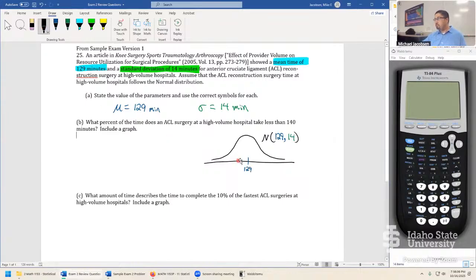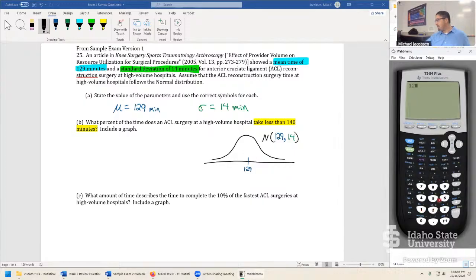And now that we have the graph down, we do want to add a little bit more information. The more you add, the more it starts to look like the information in the problem, the more partial credit you would get. We're being asked, what percent of the time does ACL surgery at high volume hospitals take less than 140 minutes? So this is the big punchline of the problem. Let me try to get my numbers in the right region.